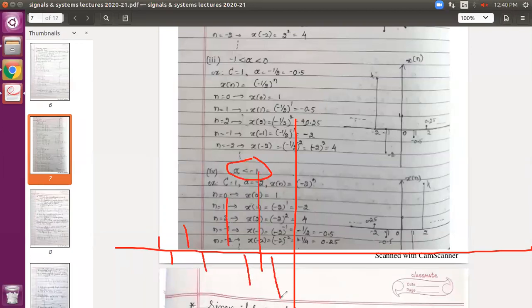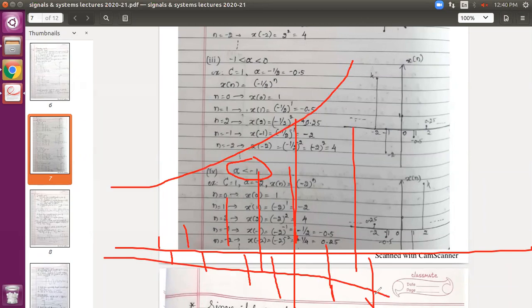Likewise, so exponentially again here it is increasing, here it is like this, negative side. So these 2 figures, if you take many samples, the shape of this signal you will understand it better. So better you take some more n values and try to draw. So overall these are the different cases for alpha.